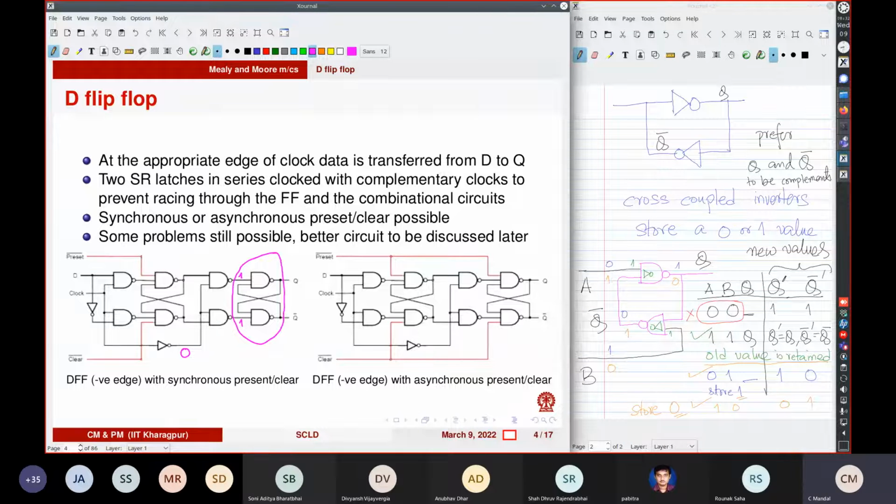So this is essentially the same circuit. These gates are called steering gates.